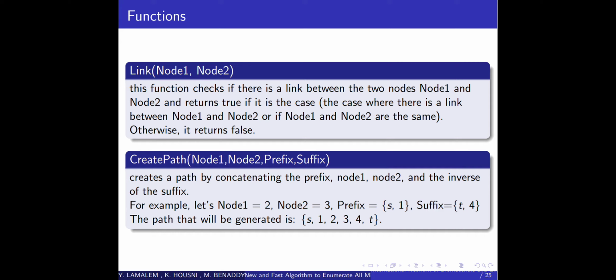For example, let node 1 equal node number 2, node 2 be node number 3, the prefix contain the source node S and node number 1, and the suffix contain the sink node T and node number 4. The path that will be generated is S, 1, 2, 3, 4, T.